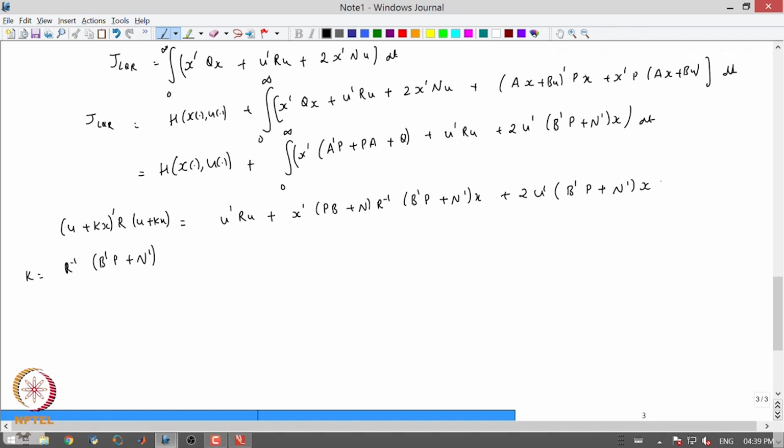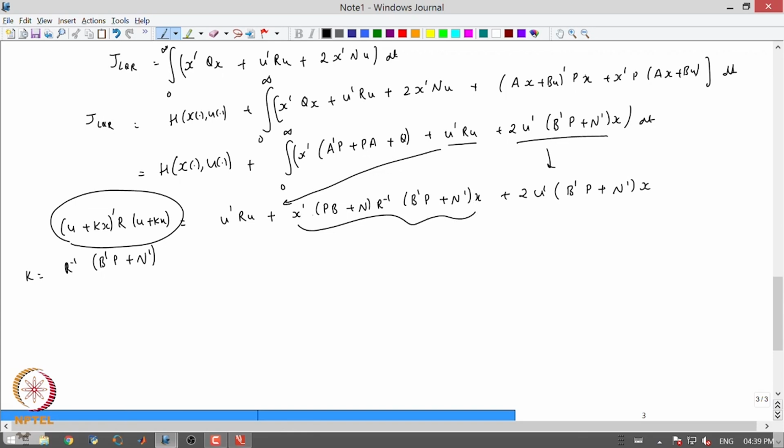I will write these two terms, which correspond to the terms here and here, in terms of this quadratic function and this term corresponding to x transpose and x. And then substitute for this value of K.